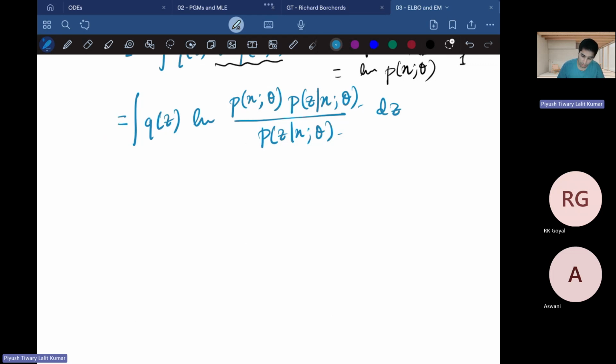Now this thing is also equal to q of z log.